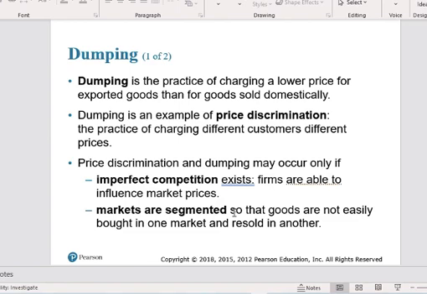That's lower than the domestic price, and eventually the price will converge to somewhere in the middle, right? So firms will not be able to practice price discrimination if goods flow freely among markets.